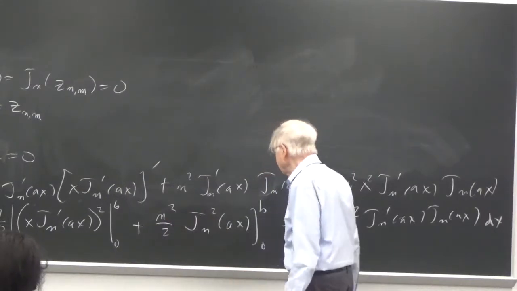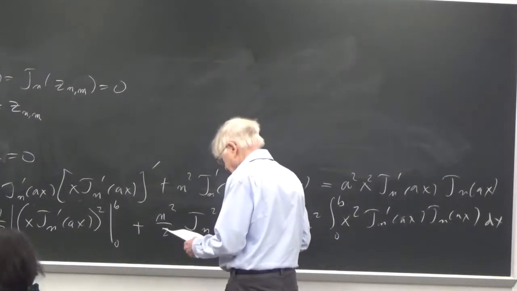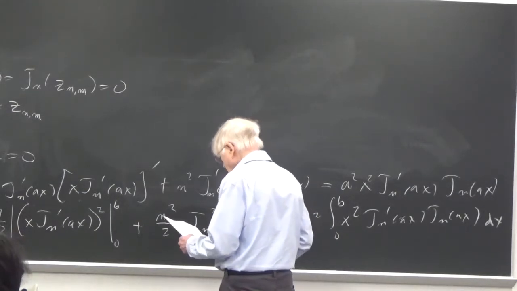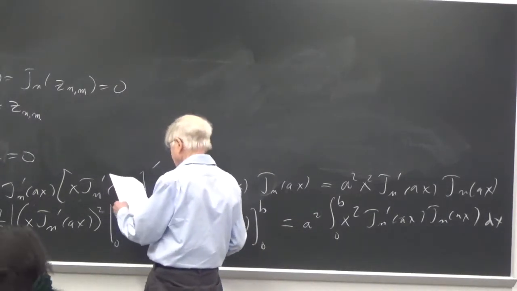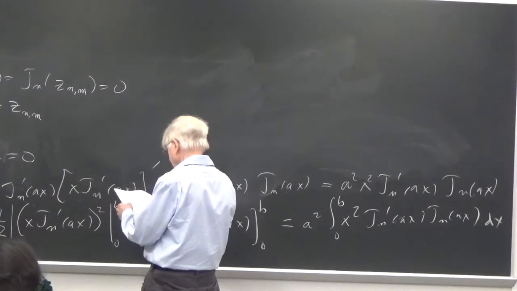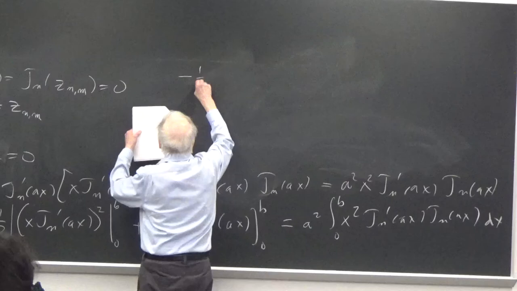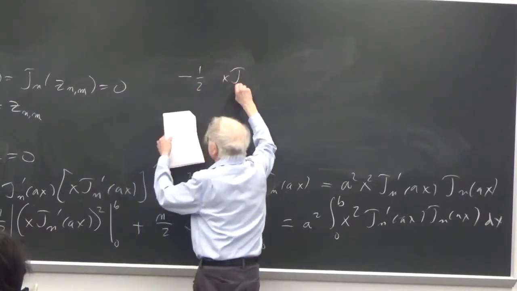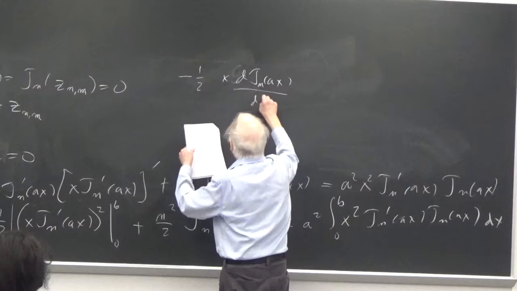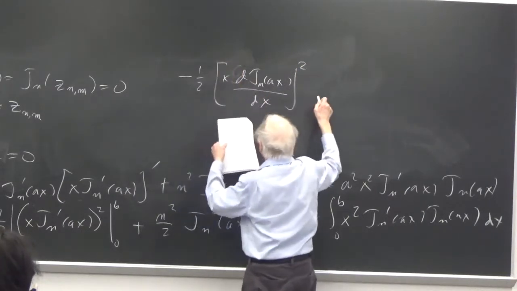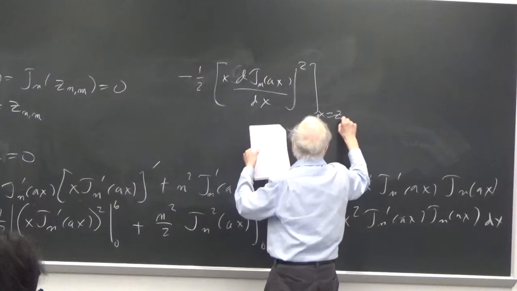So this term is 0, and the term there is not 0, and so what we have is minus a half x, x dJn of ax dx squared evaluated at x equals b, x equals Znm.